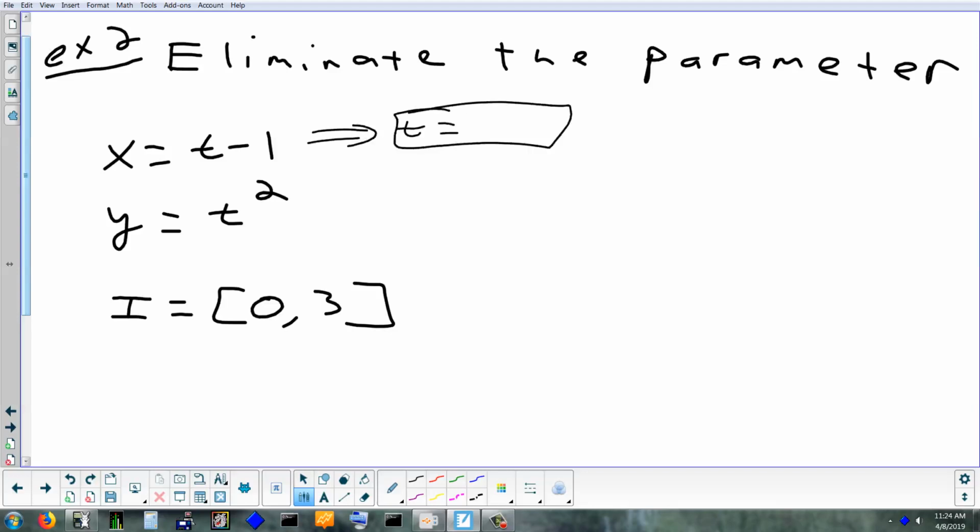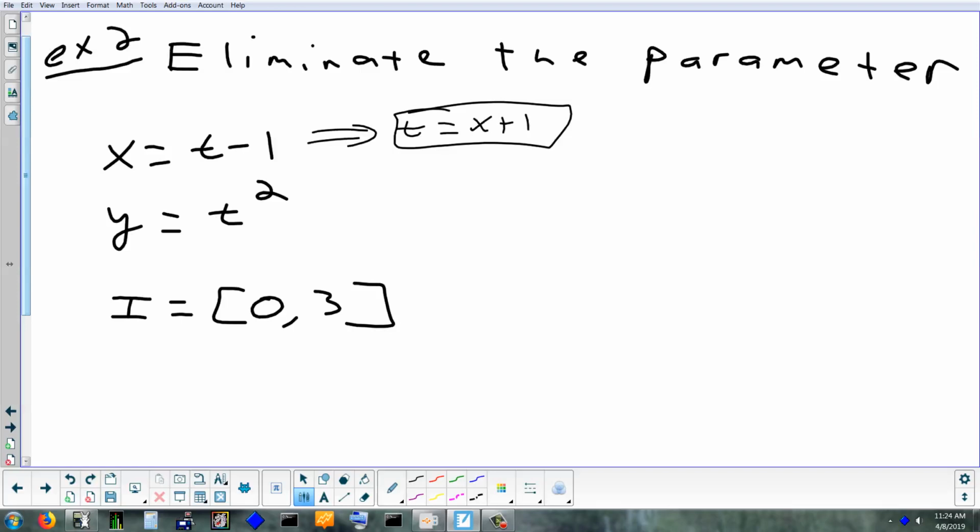So what would you get when you get t by itself in the top? Negative 1 plus x. Or x plus 1. x plus 1, right? Plus 1 to each side. x plus 1.